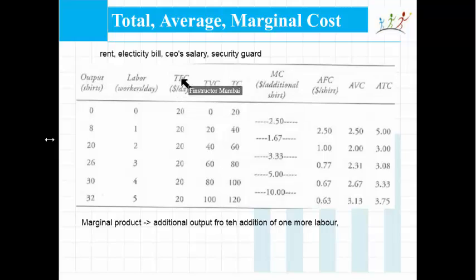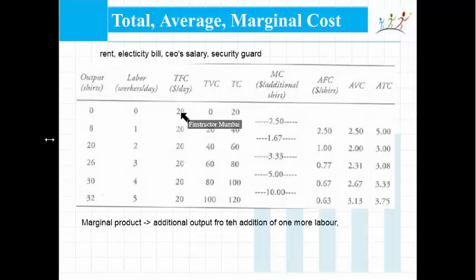So in our case, the total fixed cost is $20 a day. This remains the same every day. The variable cost is basically just the labor, and each labor costs $20 a day. So if you produce no shirts or no output, what will be the total fixed cost?